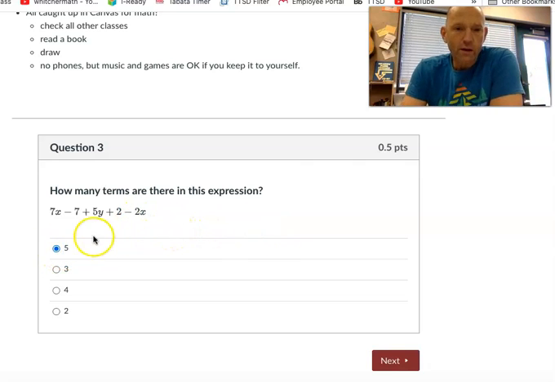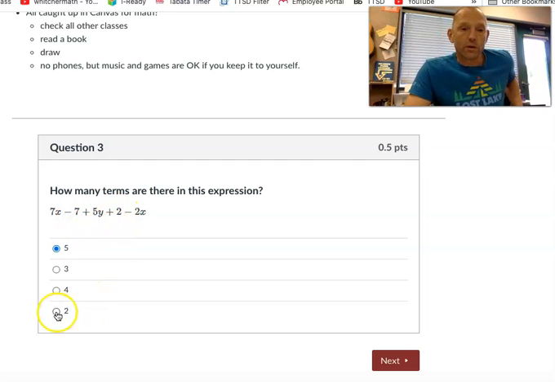Now, if you were just counting terms that had variables, you might choose 3 because there are 3 variable terms. If you were only counting numerical terms, there would only be 2. So there we have it. I'm feeling pretty good about this.